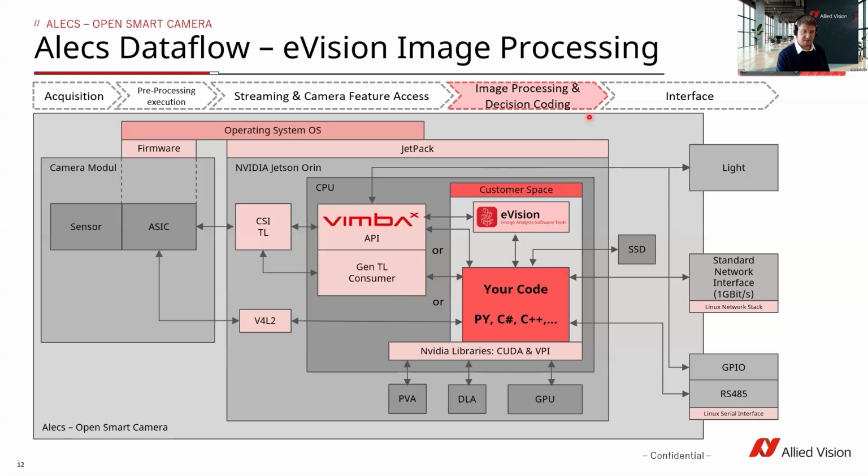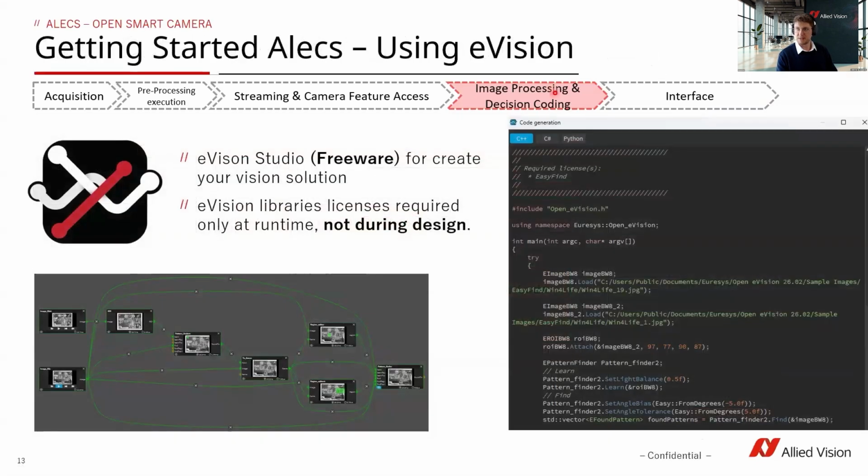Talking about eVision, so if you want to use some image processing and want to make some decisions by yourself, I want to explain a little how this is running. So firstly, we have a freeware Studio on our webpage where you can create your machine vision task.